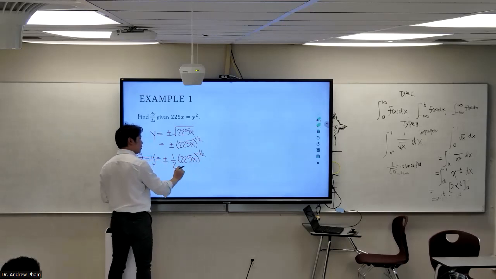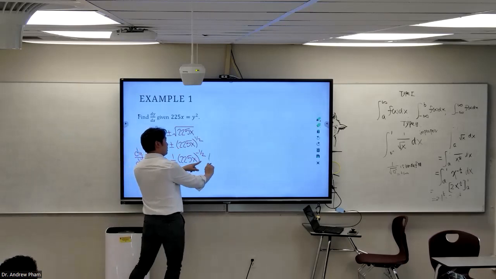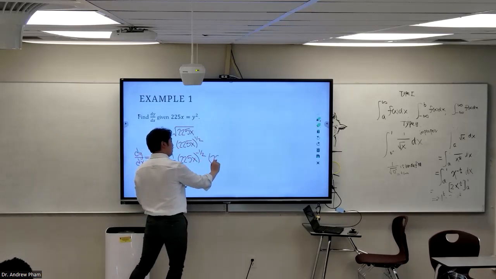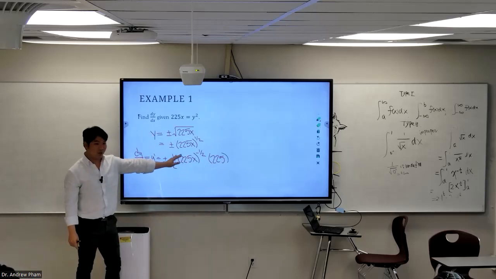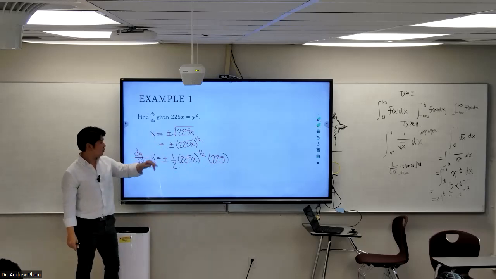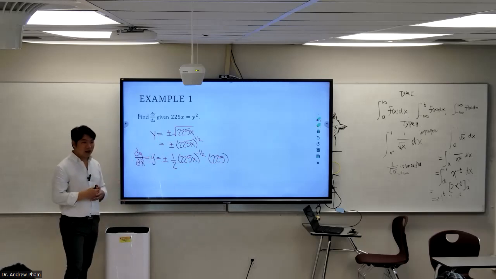Anything else? Yeah, times 225. Because remember, we had to multiply by the derivative of the inner layer too, because of chain rule. So I have something that looks roughly like this, right? As my derivative.